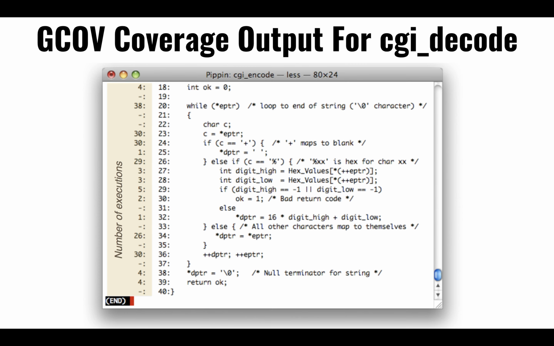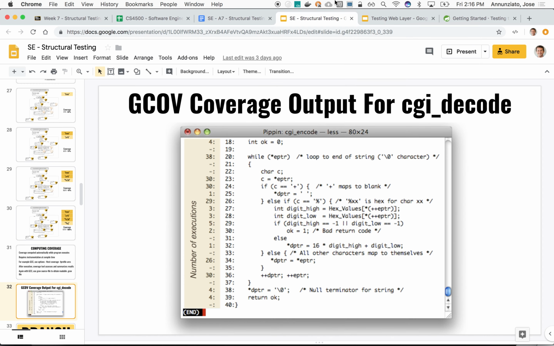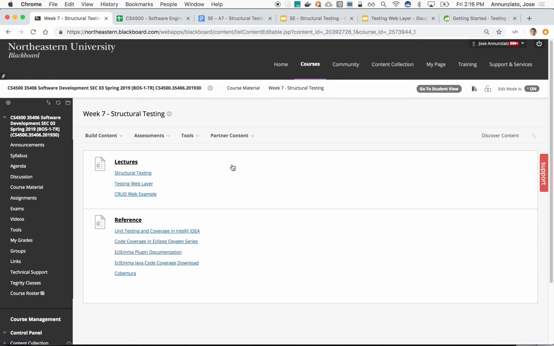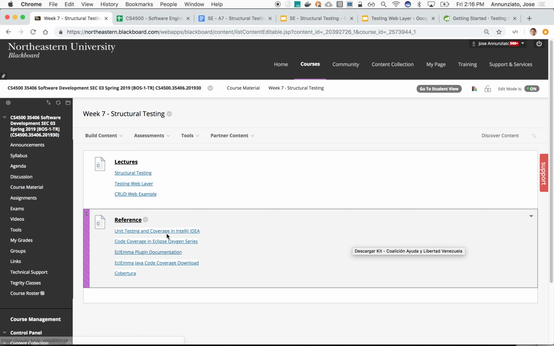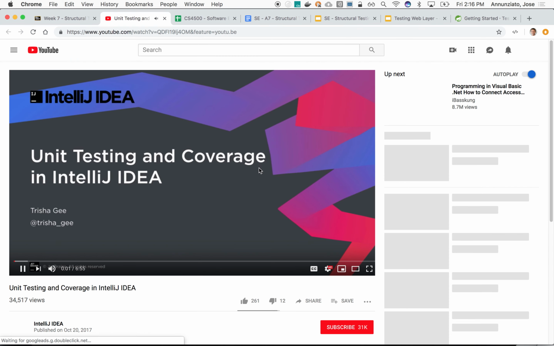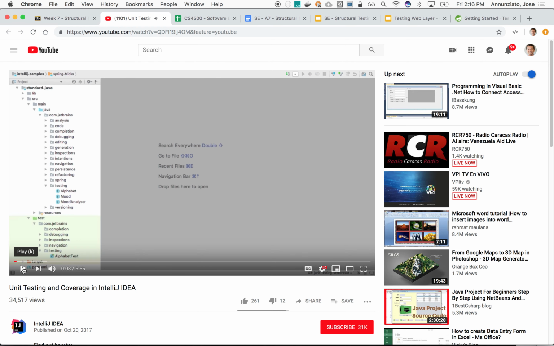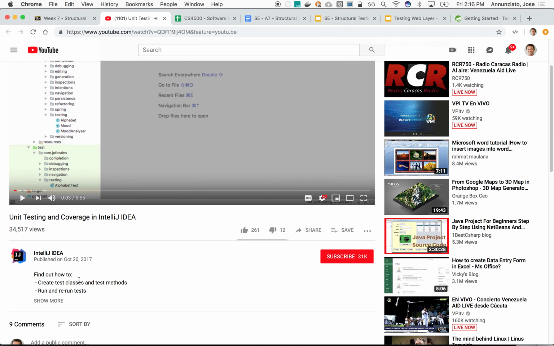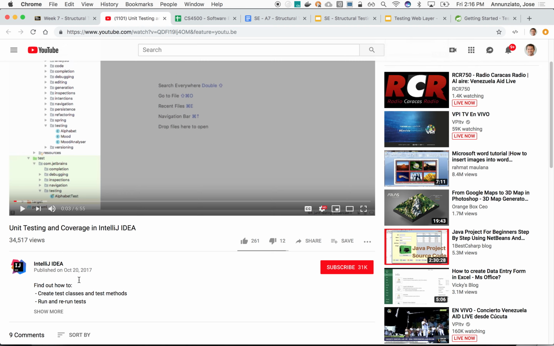Anyway, we also talked about some tools that I asked you to install last week. If you were using IntelliJ, I asked you to please go over this video, which covered some of the tooling that you need to be able to do code coverage in IntelliJ.